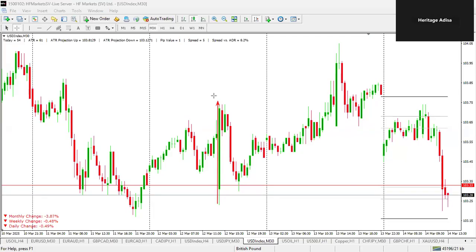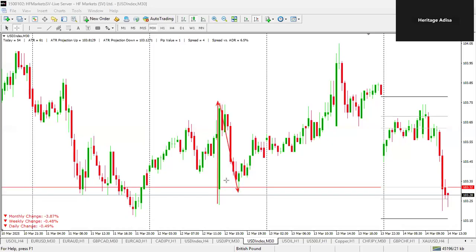Price went up, but eventually price still returned lower, responding to the fact that that particular inflation data was bad.